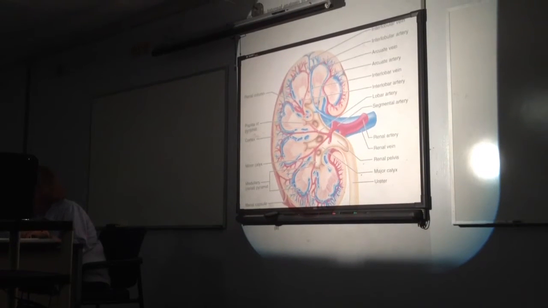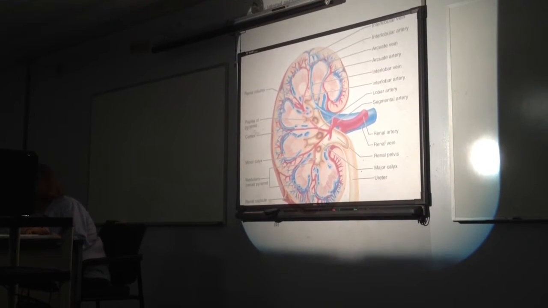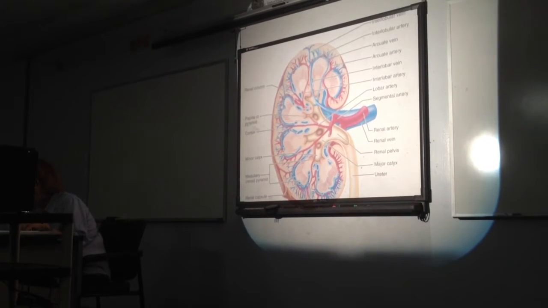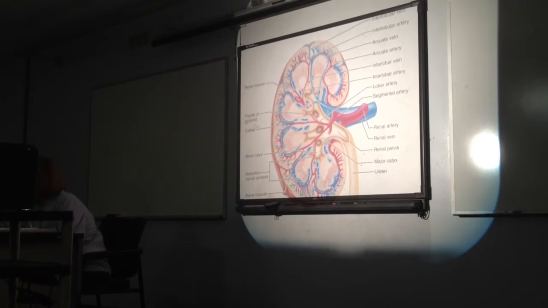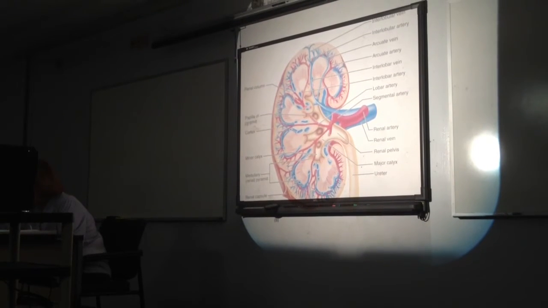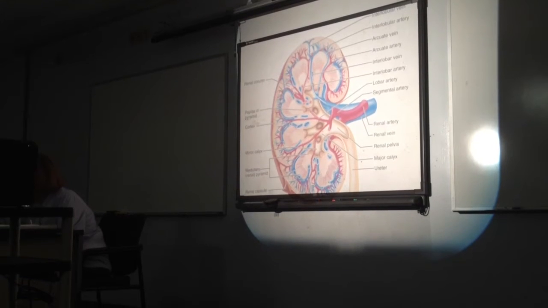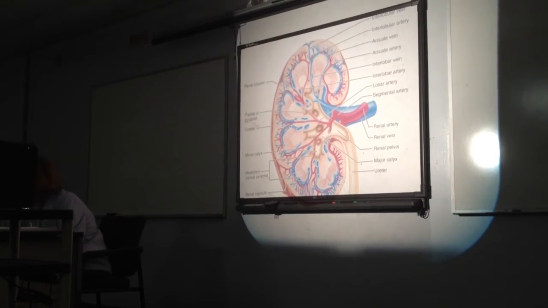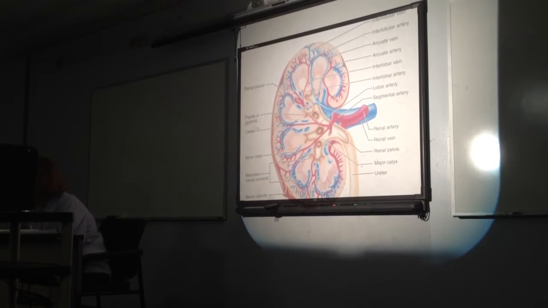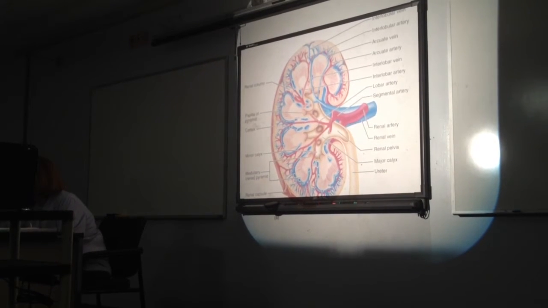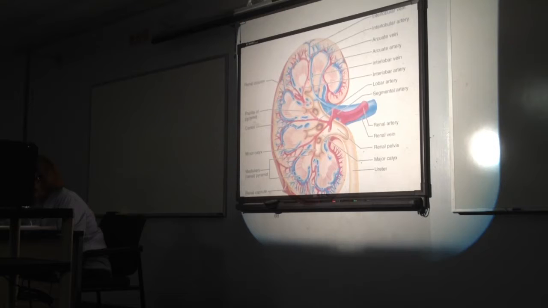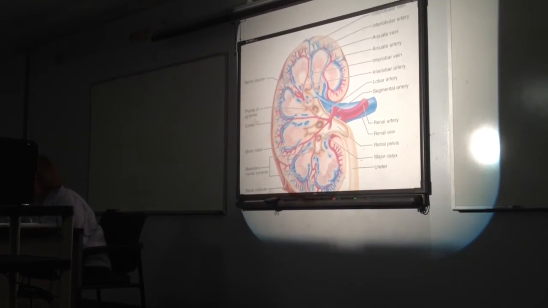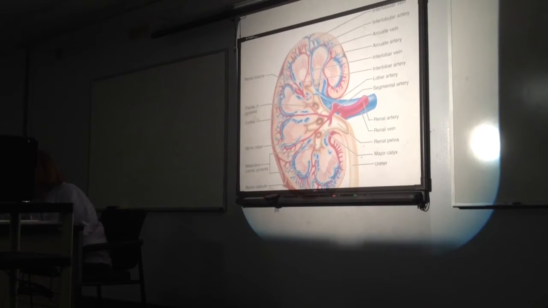And then H, the major calyces further subdivide into smaller tubes.